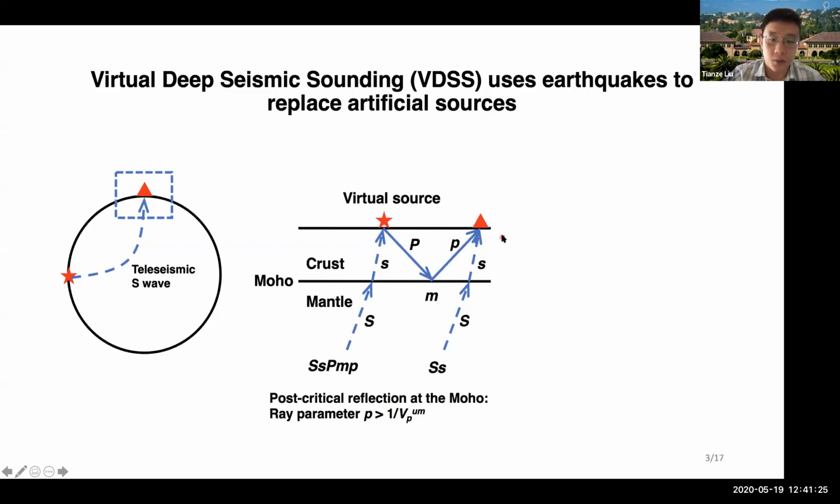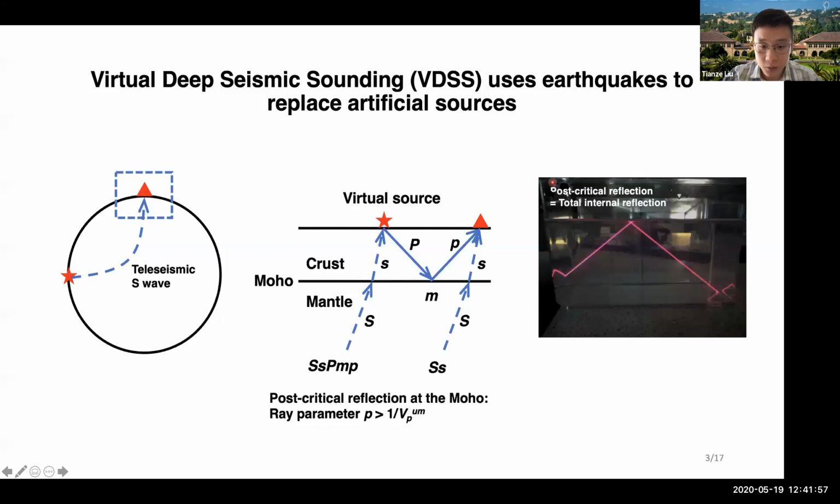In global seismology, one way to measure the incident angle of a wave is by using the term ray parameter, which is usually denoted lowercase p. For the post-critical reflection to happen at the Moho, we need the ray parameter p to be larger than the reciprocal of the P velocity in the upper mantle. Please remember this term because it will come back again and again in the later part of my talk.